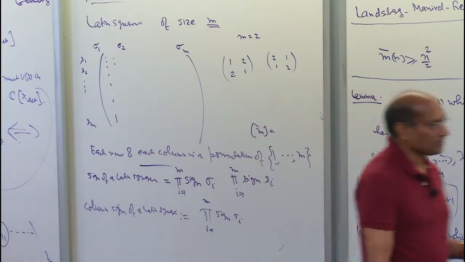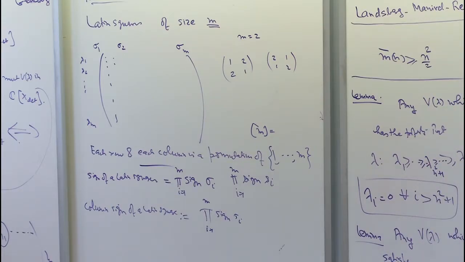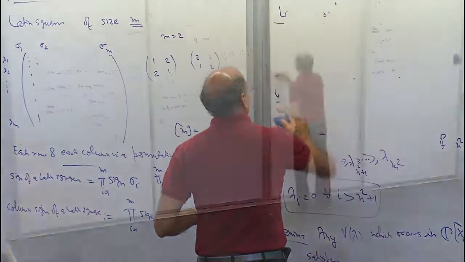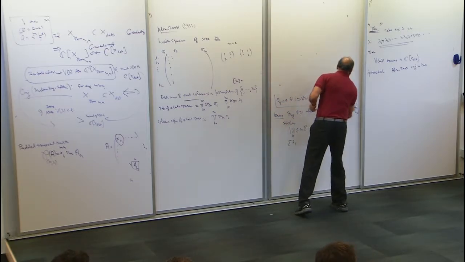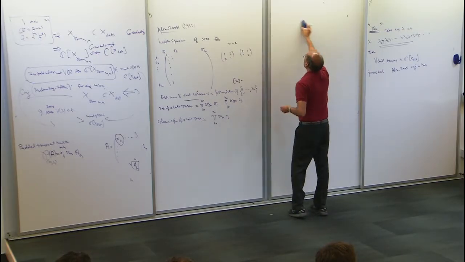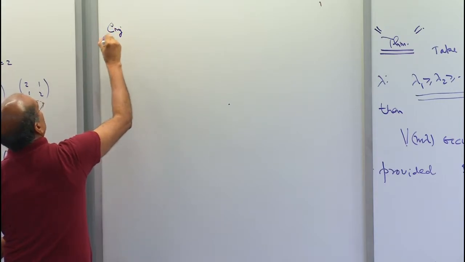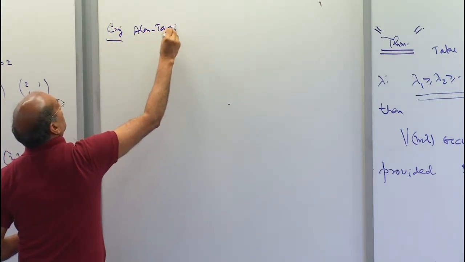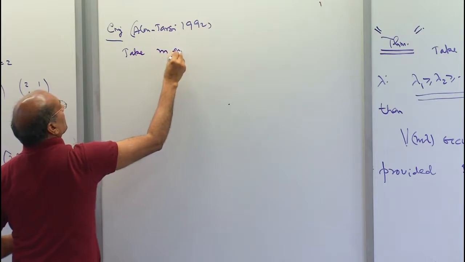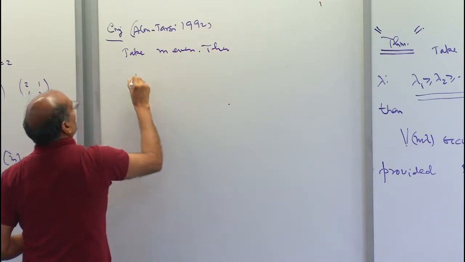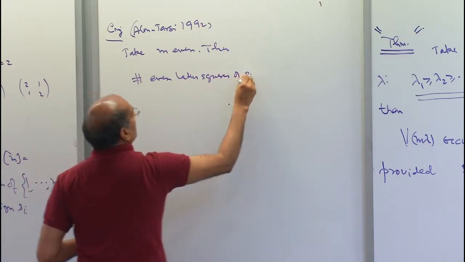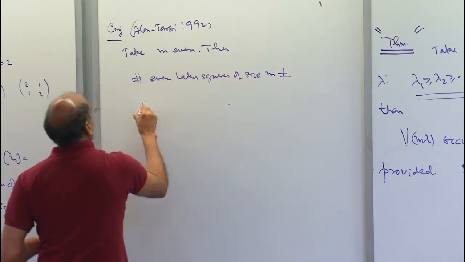Now, Alon and Tarsi made the following conjecture, the Alon-Tarsi conjecture, in 1992: take m even, then the number of even Latin squares of size m is different from the number of odd.